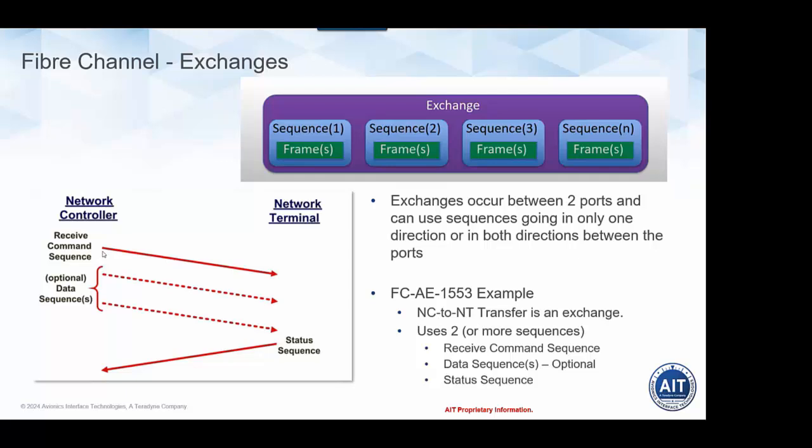So you would have the initial receive command sent within a sequence to the network terminal. Then if there was any data that was part of that, you would optionally have sequences of data. And then the network terminal would acknowledge receipt with a sequence going back in the other direction to the network controller or the bus controller node. That would be a sequence of frames indicating the status back to the controller.